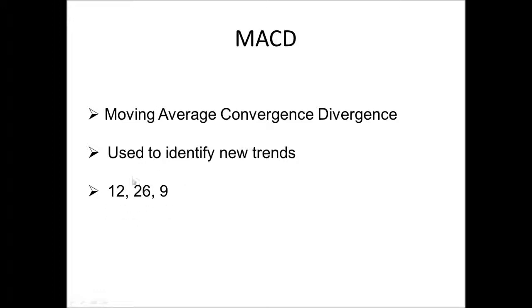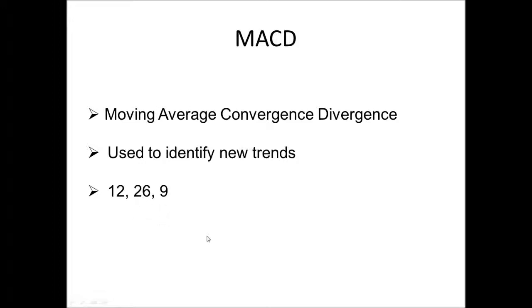The most commonly used settings are 12, 26 and 9, and they're the settings we will be using in this video. When you place a MACD on your price chart, generally the default setting is this 12, 26 and 9.